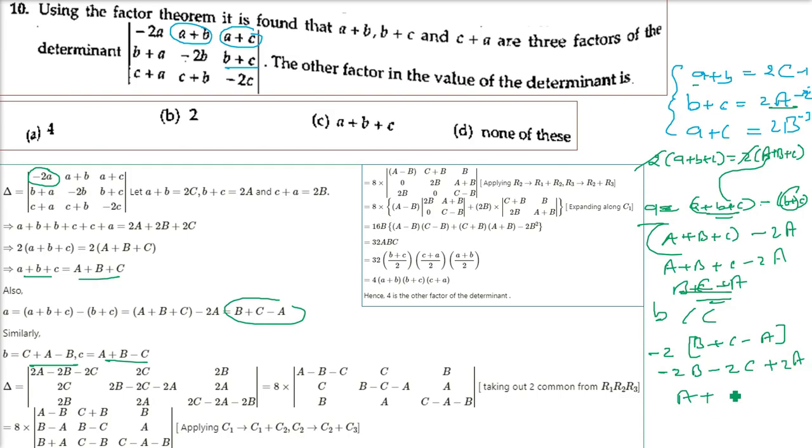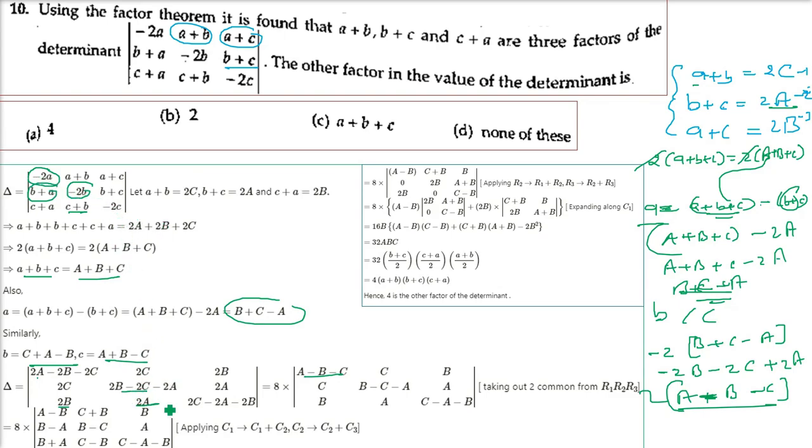So it will be 2A minus 2B minus 2C. Now you can take 2 common. So this is twice A minus B minus C. So minus 2a is twice of A minus B minus C. And in place of minus 2b, you can write 2B minus 2C minus 2A. In place of minus 2c, you can write 2C minus 2A minus 2B. In place of the other entries, we will have to write 2C, 2A, 2B.